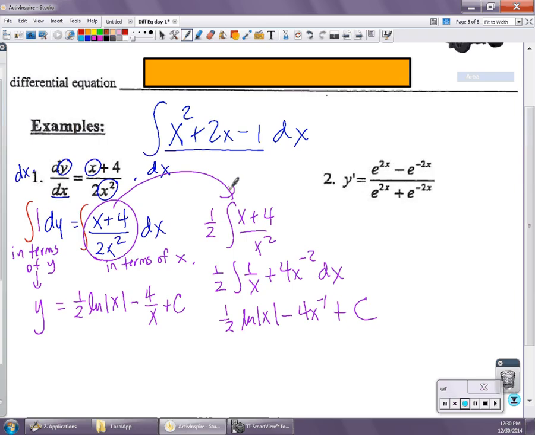Now, the first question that usually pops up in all students' mind is, okay, I get the plus c on this side. What about the plus c on the left-hand side? This is going to greatly disturb you, but c is a constant. And so technically, I would have a constant on the left-hand side and a constant on the right-hand side. I can move the constant on the left-hand side to the right-hand side and simply make one constant, a plus c.